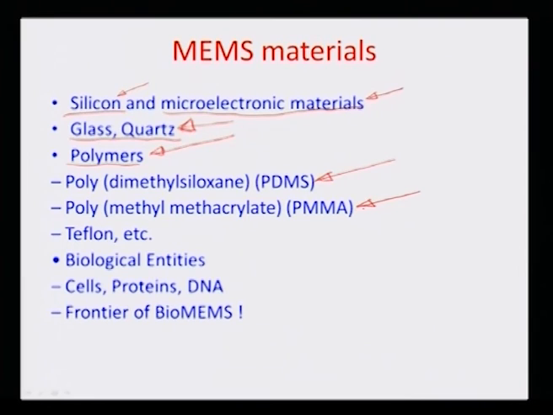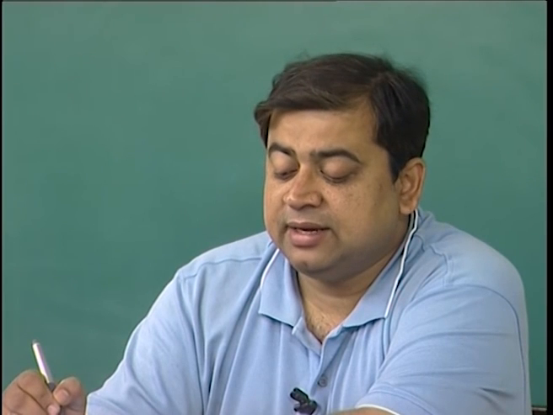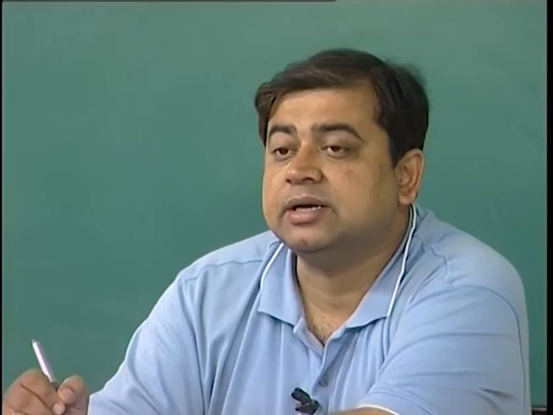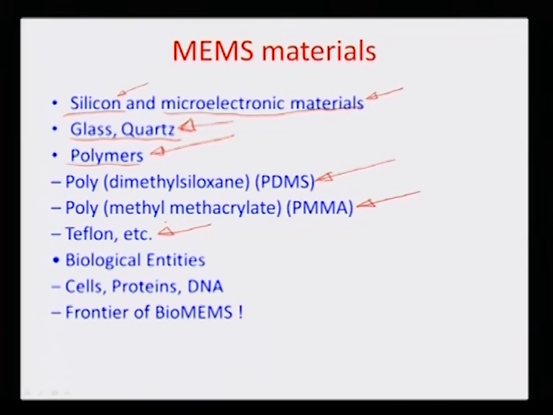Then there is Teflon, which is actually a commercial name of a material available from DuPont. Teflon is very hydrophobic, and it has excellent applications again in the biological world, so Teflon is another very amenable MEMS material used mostly for fabrication of microsystems.